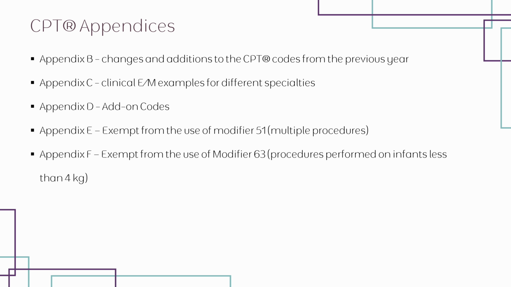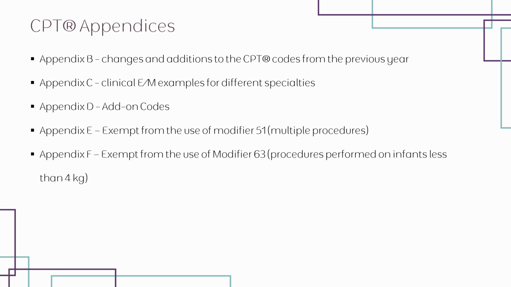Appendix C provides clinical examples for evaluation and management services across your different specialties. This appendix offers helpful examples to clarify the appropriate use and selection of E&M codes in the real world with clinical scenarios.